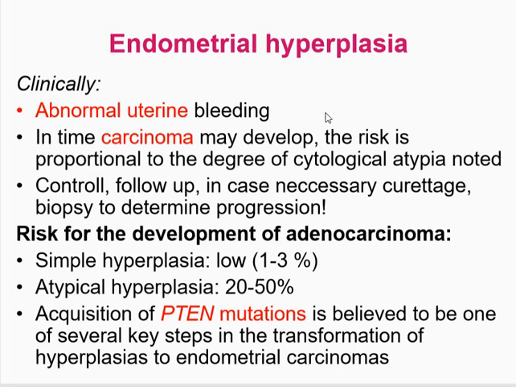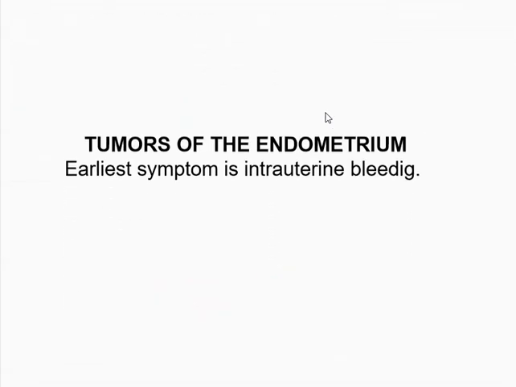So menopausal ladies developing excessive bleeding might have endometrial hyperplasia, but may also have endometrial cancer, and histology will decide which is the lesion they have.